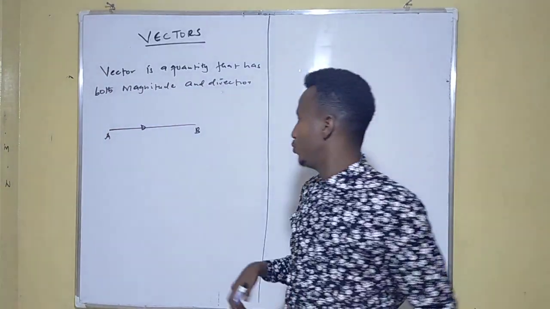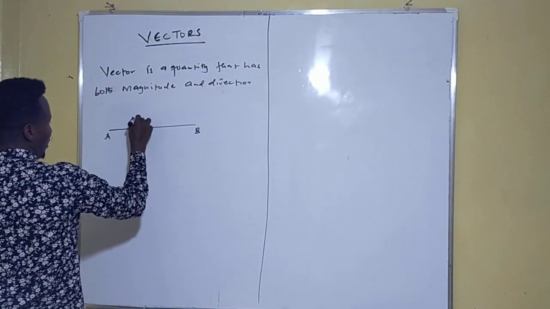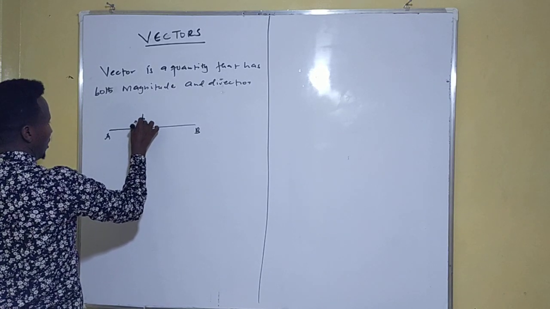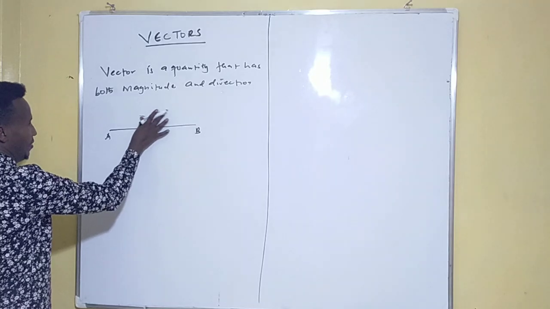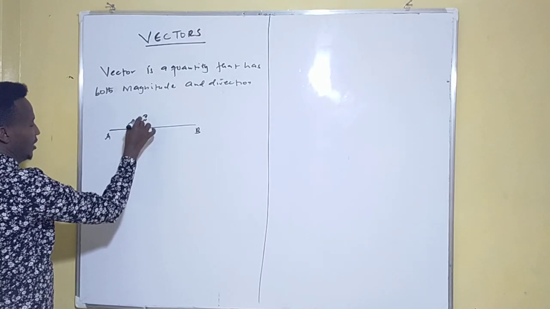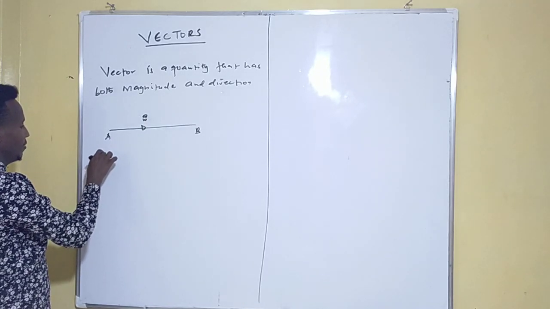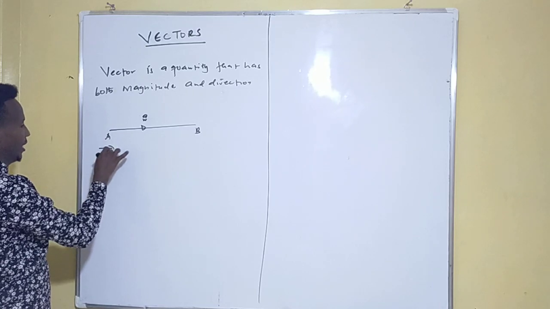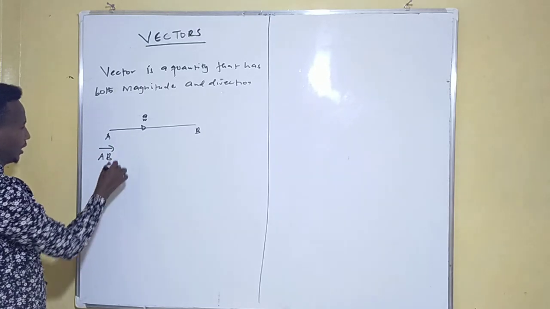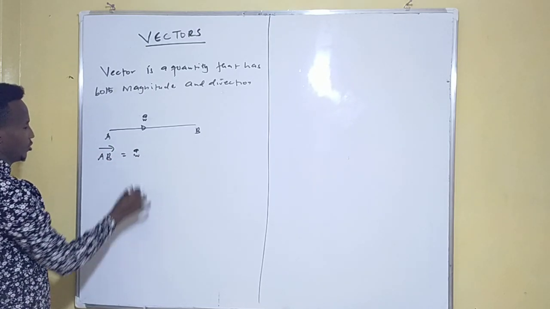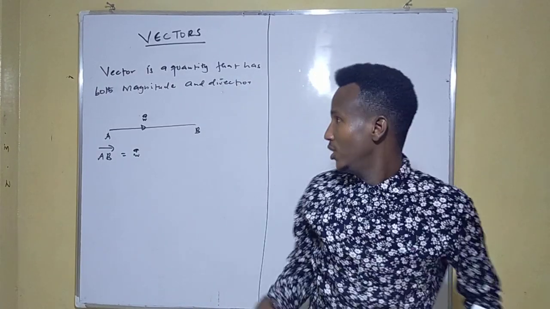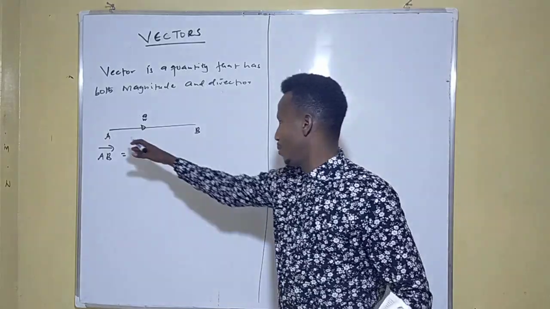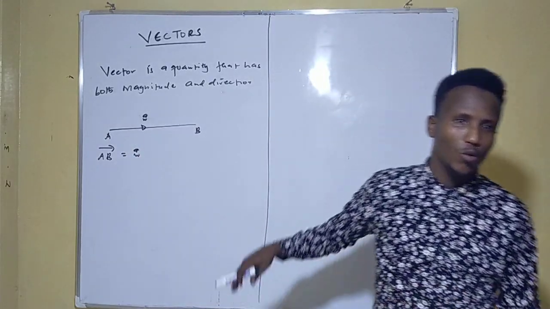So if this is A, then B, now let's take vector A, okay? So we can say vector AB, written like this. Vector AB is equal to vector A, because the moment you're moving from A to B, you're moving along with the arrow.